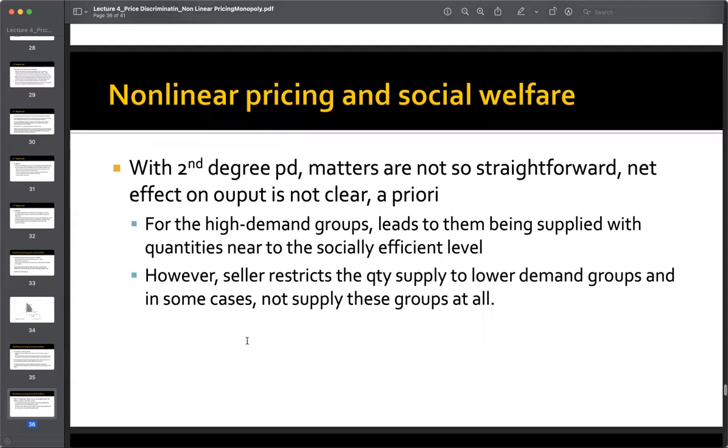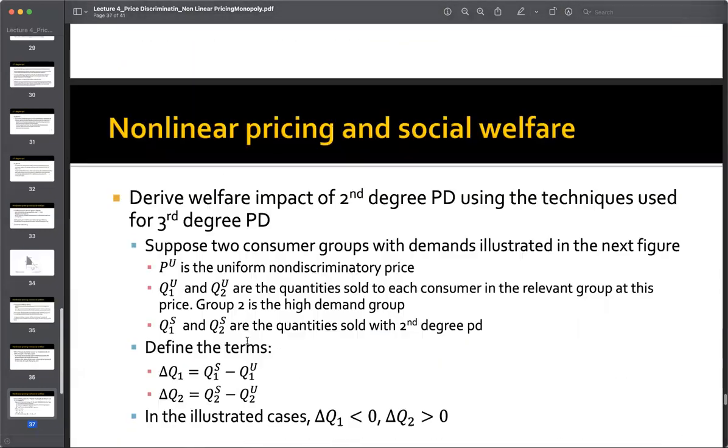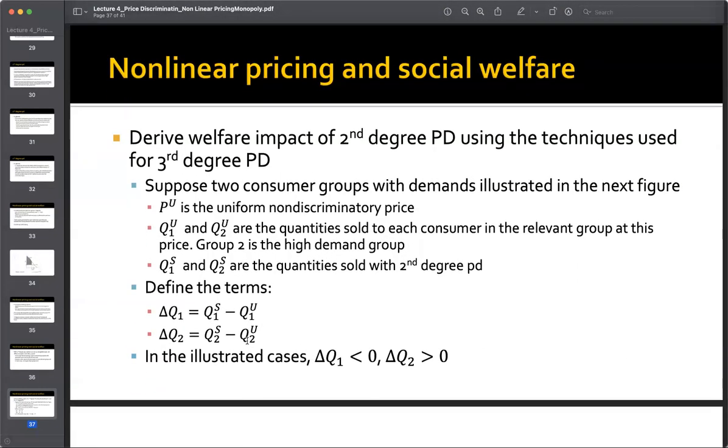However, the seller restricts quantity to lower demand groups and perhaps even does not supply these groups at all. So we would use the same techniques, the same formula here as with third degree price discrimination. So we're comparing the uniform price quantities, so these quantities are not uniform, it's the price that's uniform, and then comparing them to the discriminatory price quantities here.